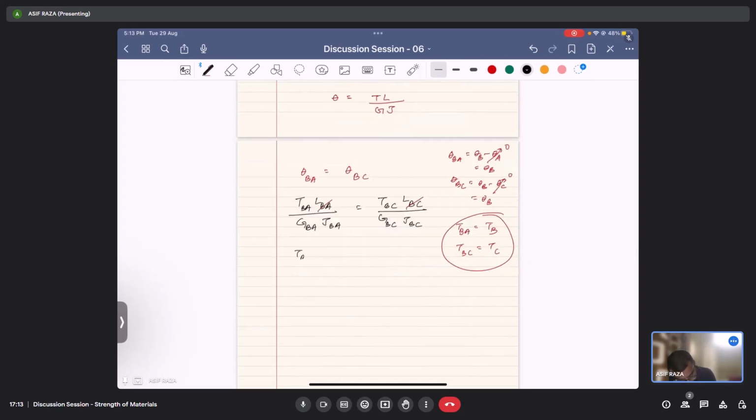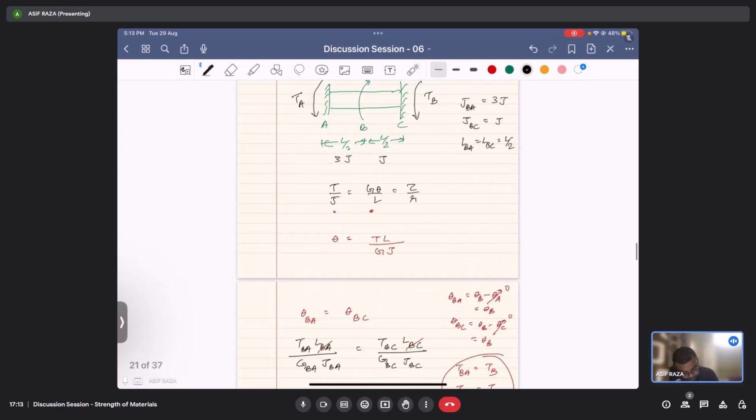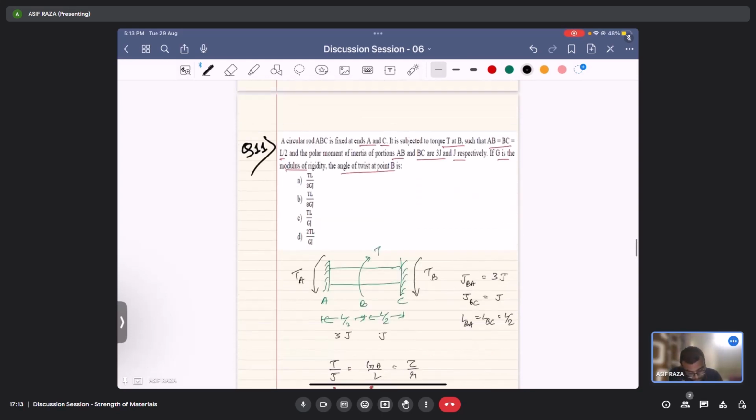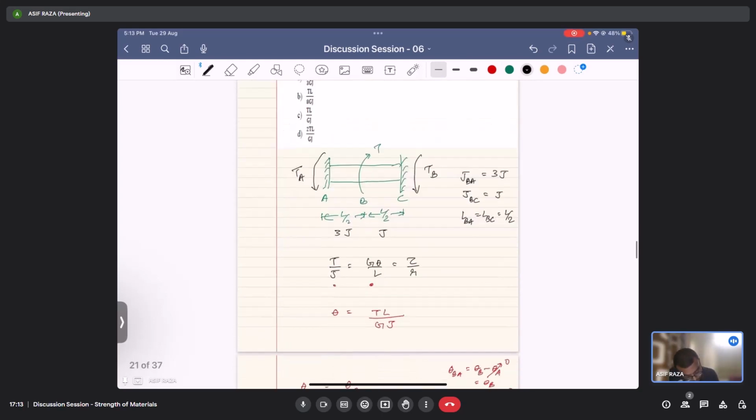That will give me TA upon GBA JBA, where GBA and GBC is equal to G, the modulus of rigidity.